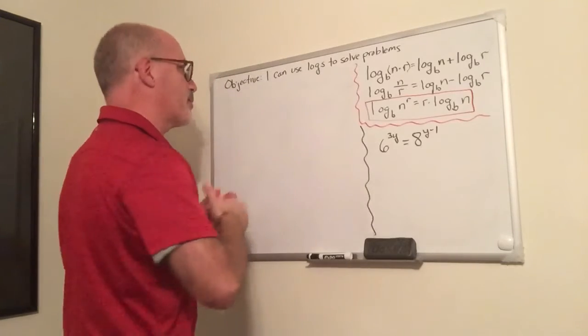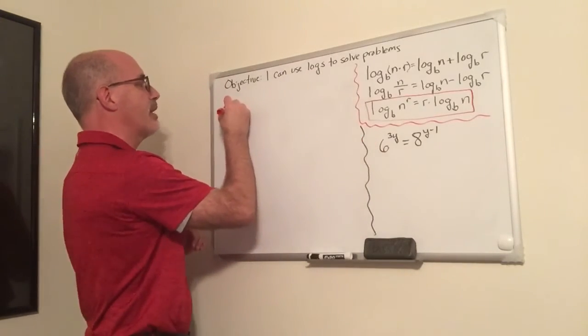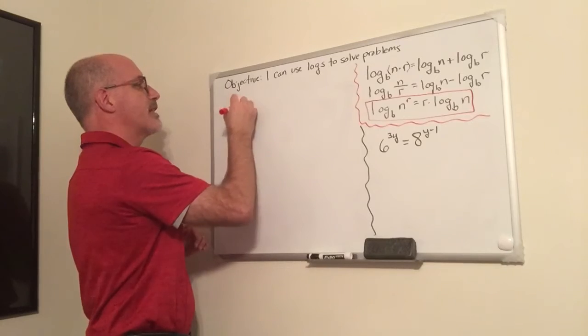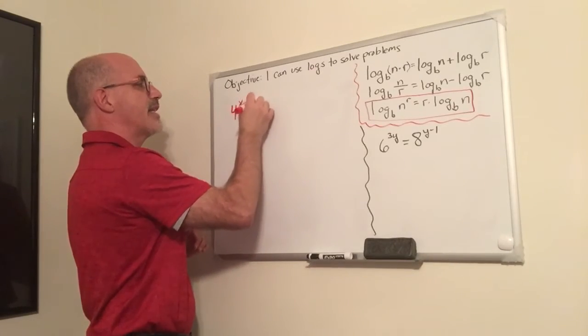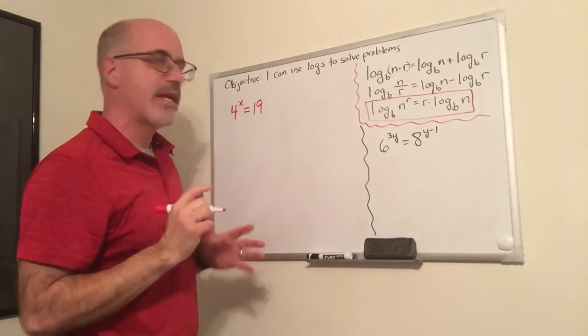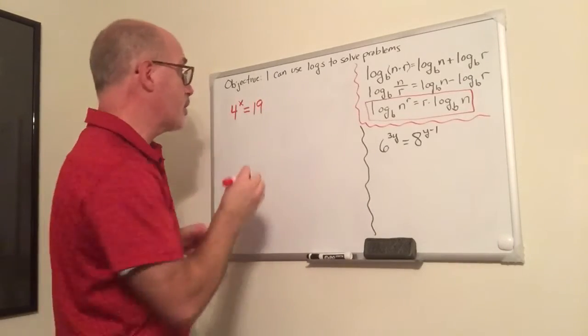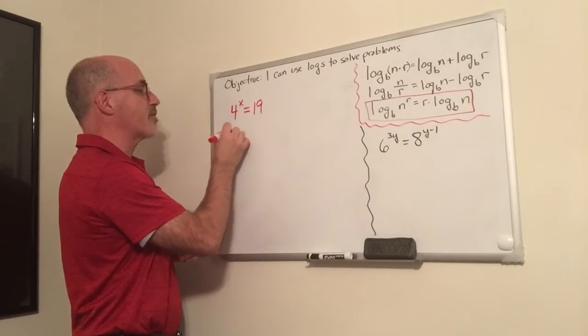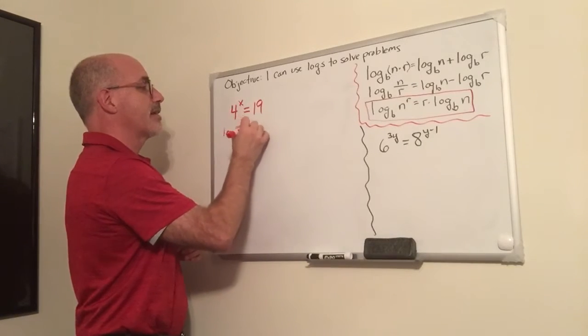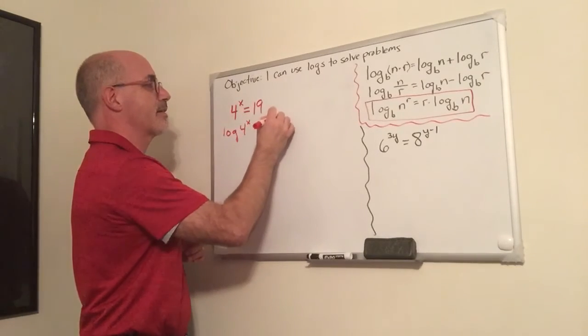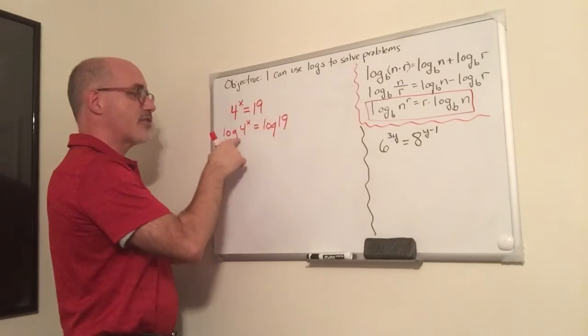So let's start with the simpler problem. Before I get to this difficult one, I'm going to start with 4 to the x equals 19, and I'm going to solve that problem. Now notice I can't get these bases to be the same. So what I do is take the log of both sides. Now that's just the common log.